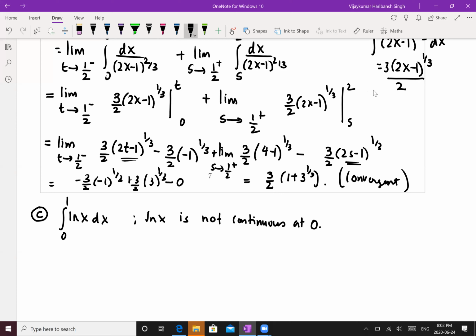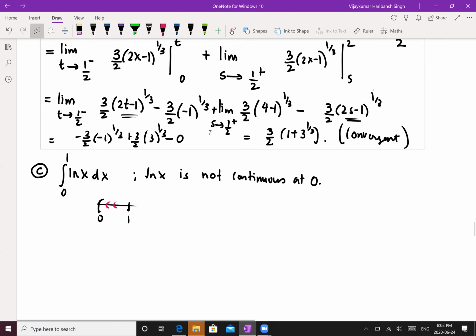So again, we are here at 1 and the problem is at 0, so we'll approach 0 from this side. So this integral is going to be the limit as t goes to 0 plus of the integral from t to 1 of ln x dx.